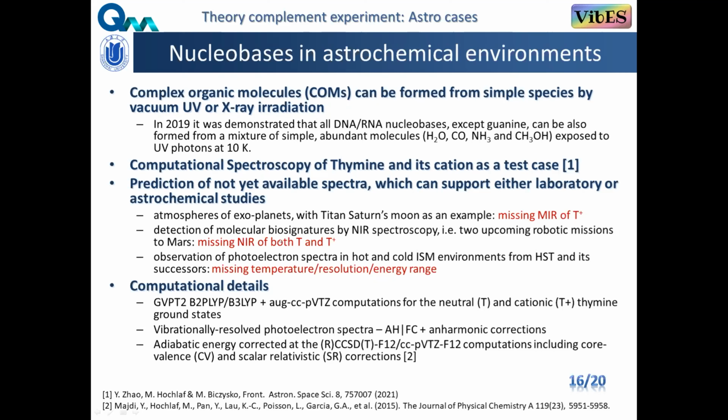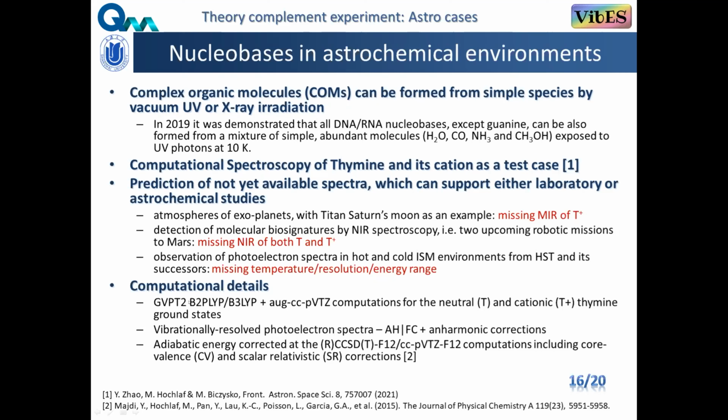If we think about detection of molecular biosignatures in the near infrared, neither thymine nor thymine cation has any experiment. And in the case of photoelectron spectra, there is either missing resolution or a missing energy range. There is a spectrum in a very small energy range at high resolution, and a larger energy range at lower resolution.